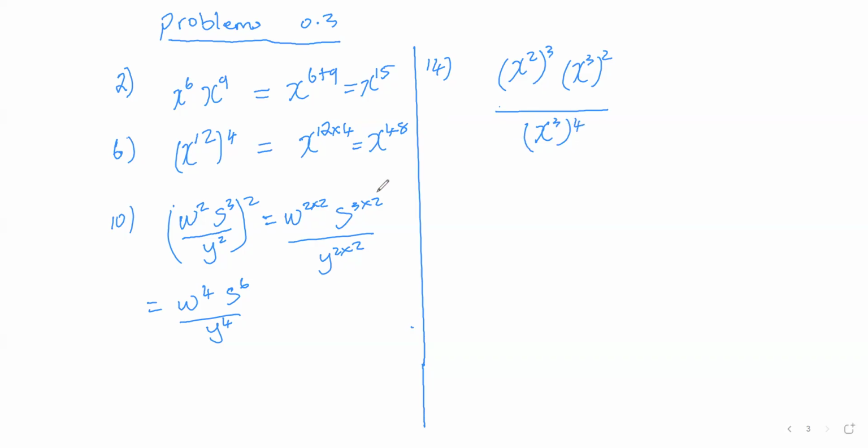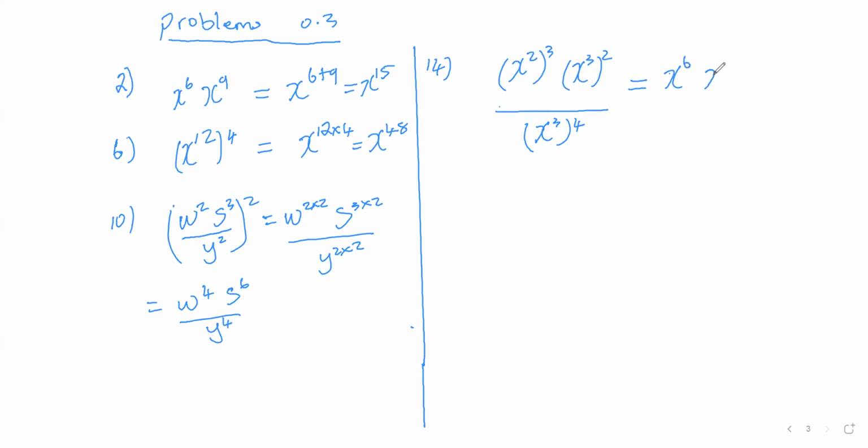Again, we are going to start with our law 5, which says we can just multiply these powers. We start with law 5, simplifying each expression in the quotient first. So the first one becomes x to the 2 times 3, which is x to the 6.